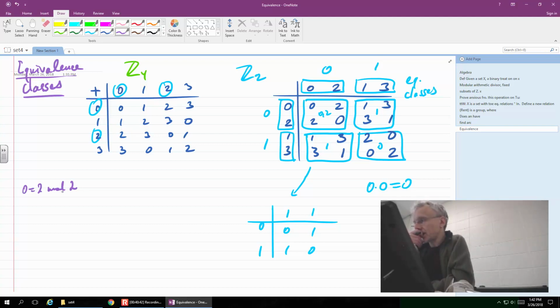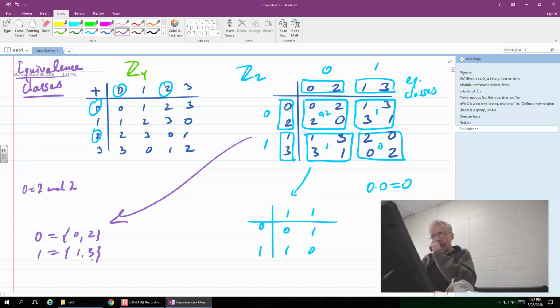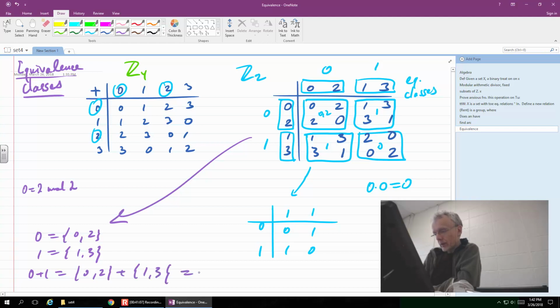Okay, so let me write it out. So what I'm talking about here is 0 is 0, 2. 1 is 1, 3. So these are the two classes. Now I carry out addition. 0 plus 1 is 0, 2 plus 1, 3. Pairwise, I will have 0 plus 1, 2 plus 1, 0 plus 3, 2 plus 3.